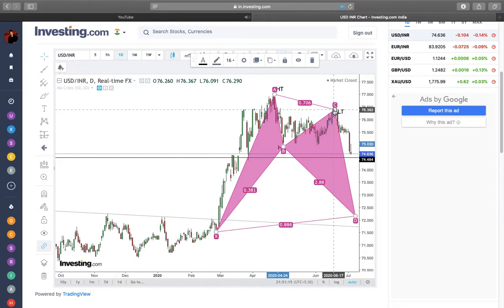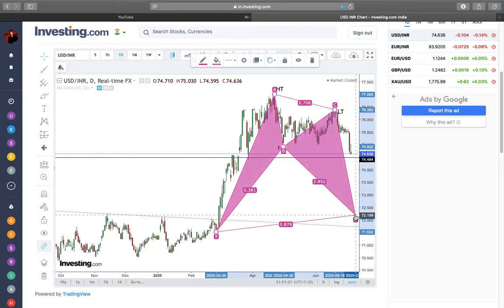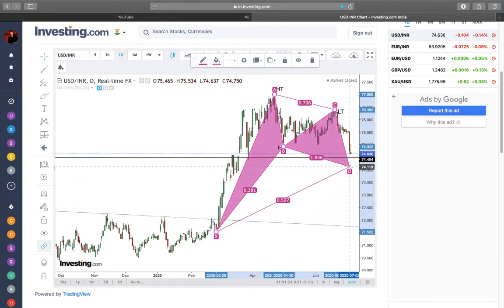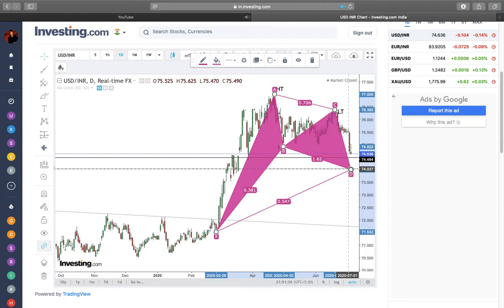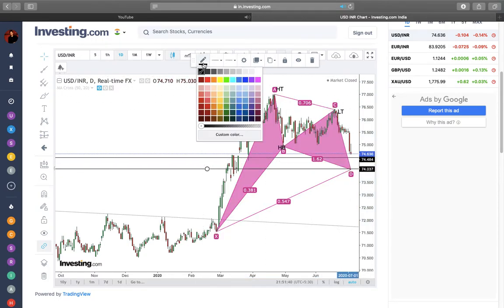This completes the bullish bat pattern, and the bullish bat pattern will get confirmed if first the move reaches at least 1.618 of BC, which is 73.99. So we'll just mark this here as the first support zone.